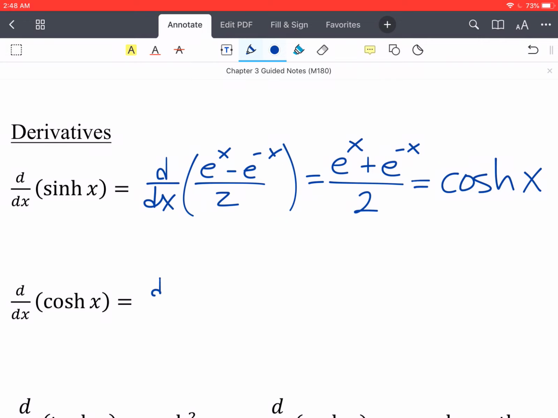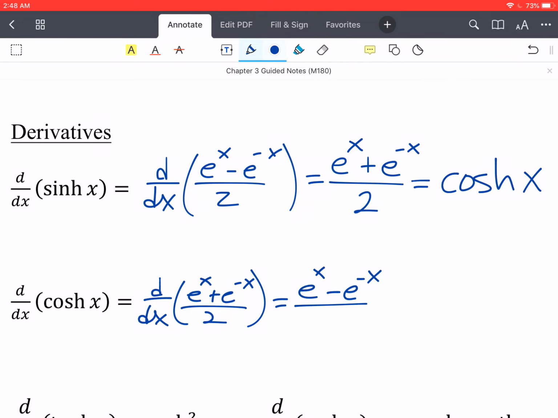Now if we look at the cosh function, take the derivative of e to the x plus e to the negative x all over 2. We get something similar happening. E to the x, we get minus e to the negative x all over 2. Now, in regular trig, derivative of cosine is negative sine.